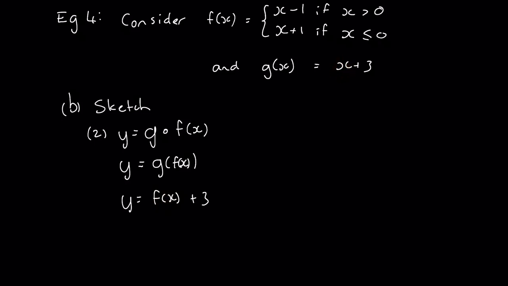Now why I haven't substituted f of x with these two yet is because there's two different ones, and we don't want to have this too complicated. So when there are two different ones in the split function, you simply use the f of x plus 3 first, and you substitute it in generic form into g of x. Okay, so that we have y equals f of x plus 3.